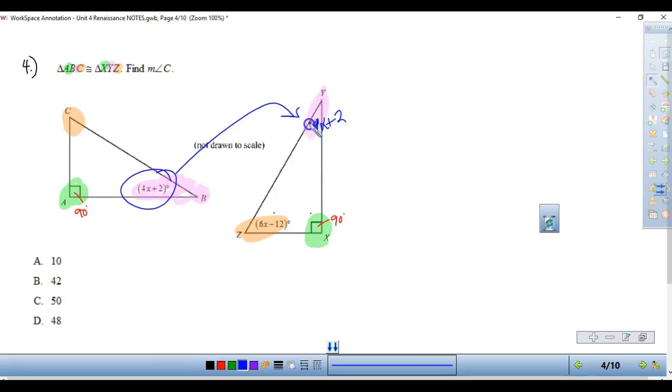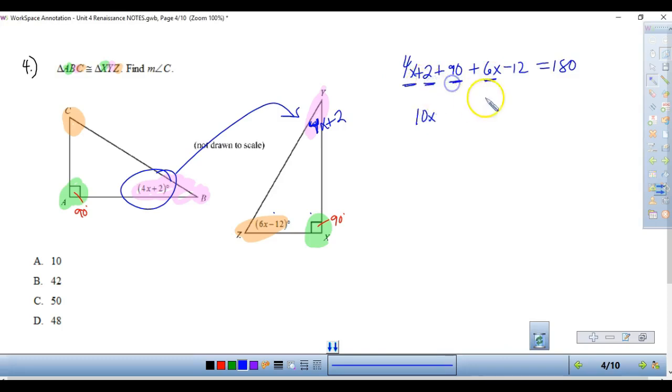So now I can say that 4x plus 2 plus 90 plus 6x minus 12 equals 180 because they're all inside the same triangle. So then if I combine like terms, I would have 10x, 2 and 90 make 92, minus 12 would be positive 80, equals 180, and then I'll minus that.